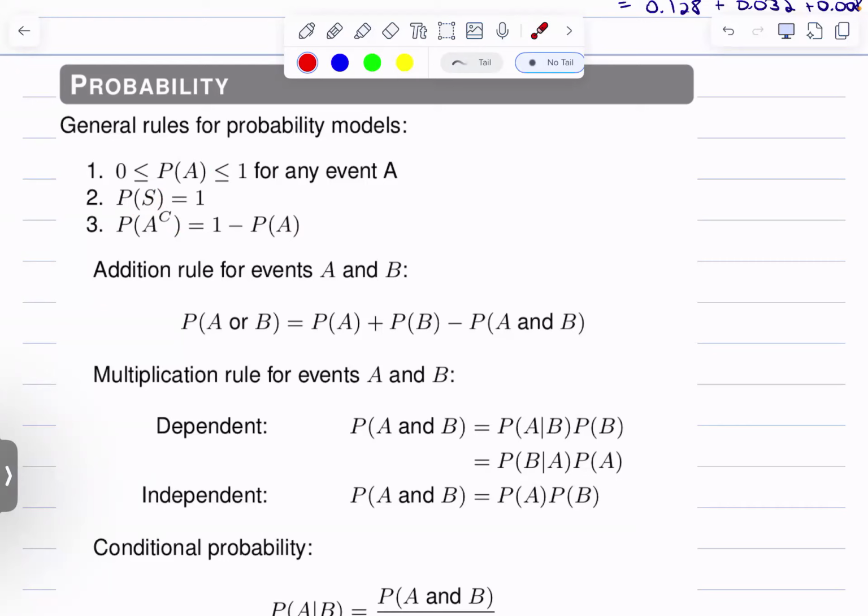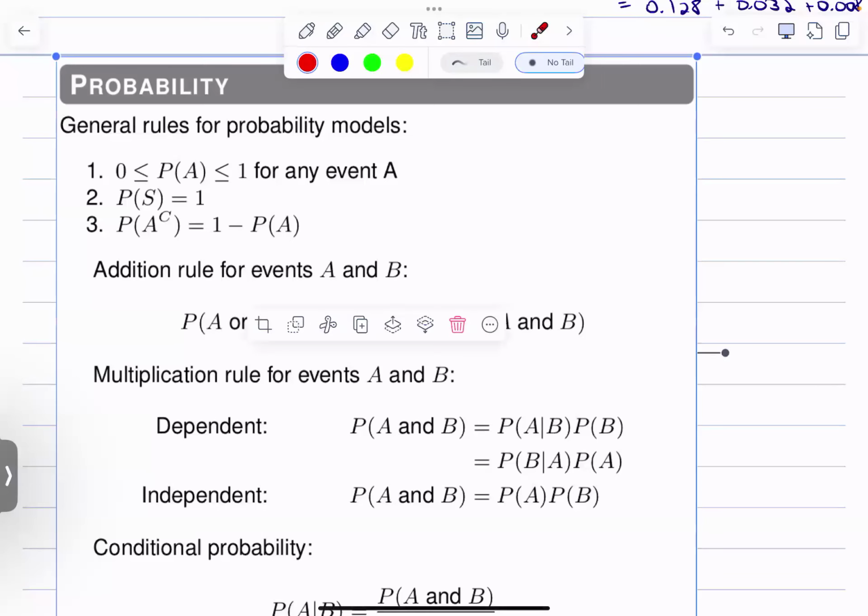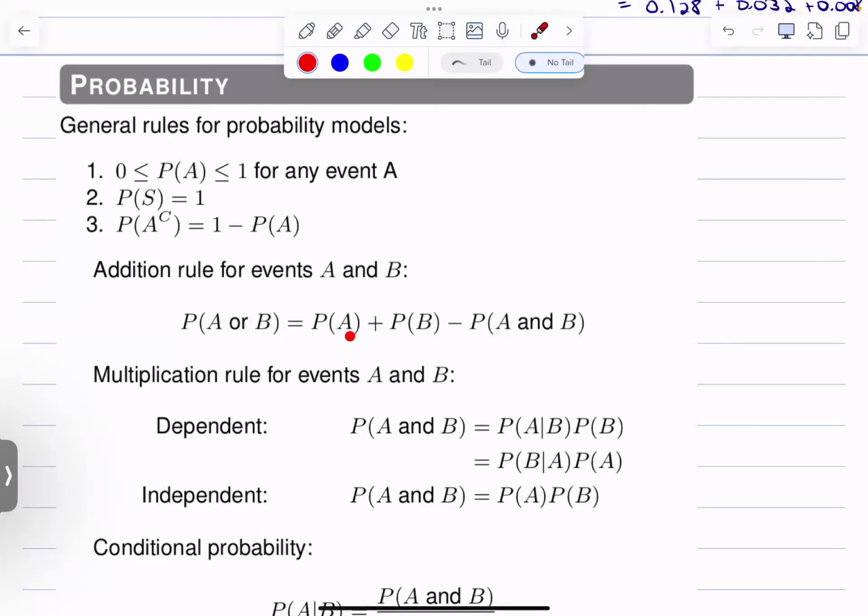Last day we introduced the addition rule for events A or B. We did use this in our review question. If you draw 3 people, for example, could 2 of them and 3 of them be vegan or vegetarian?